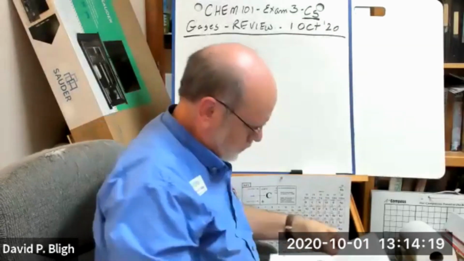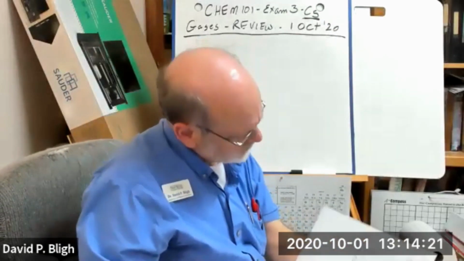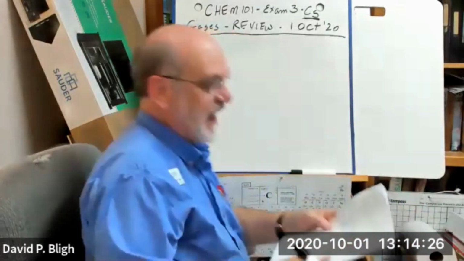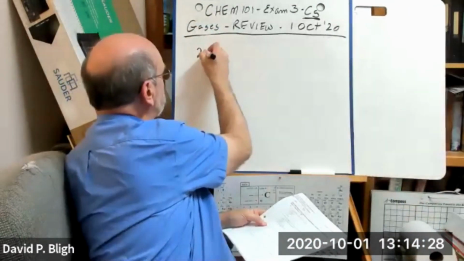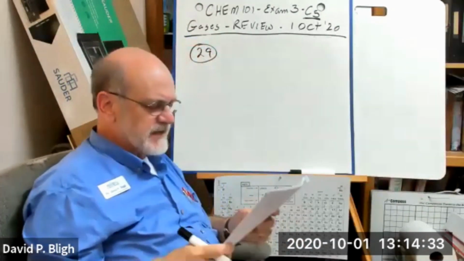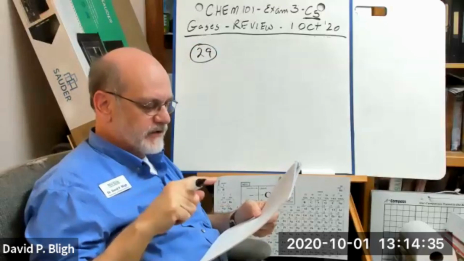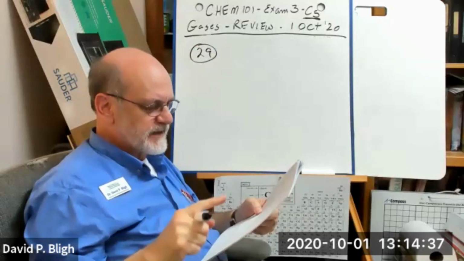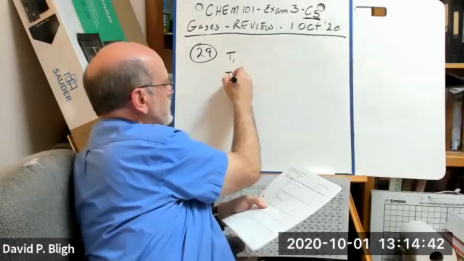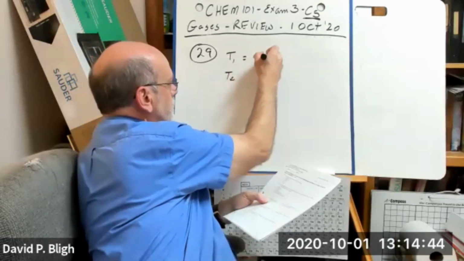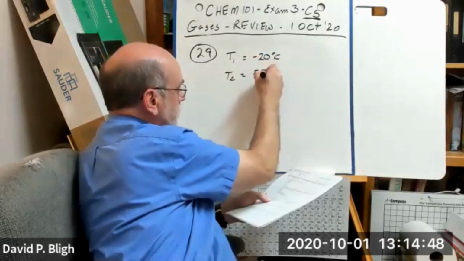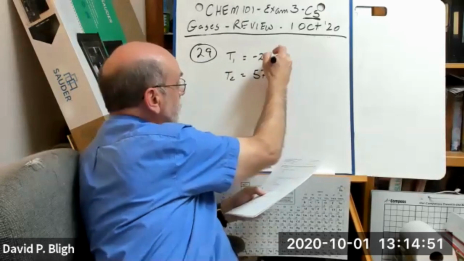Okay, that was 20. Let's see which the next one I have marked. How about 29? A gas sample is heated from -20 to 57. So if we go from this temperature to this temperature, that's a 0 also.